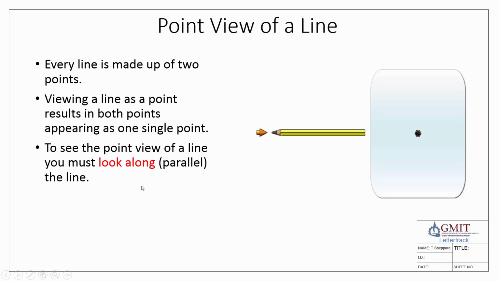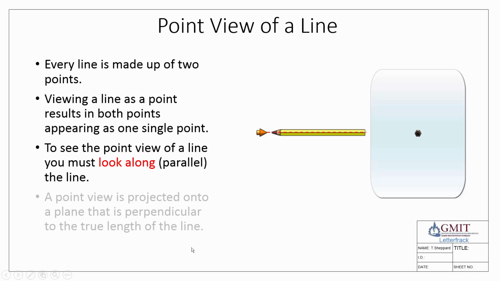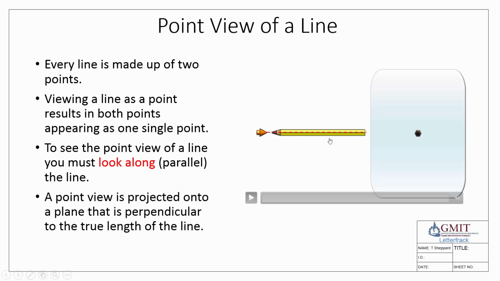As we said already, to see the point view of the line, you must look along, or in graphical terms, parallel with the line. So we can see here, we're looking in this direction, along, parallel with the line itself. That's how we go about finding the point view of the line. Also, if we're looking along a line, we need to project it onto something. So a point view is projected onto a plane that is perpendicular to the true length of the line.